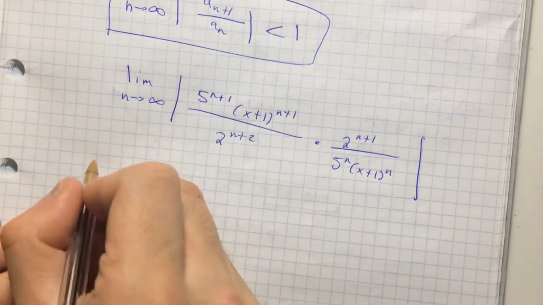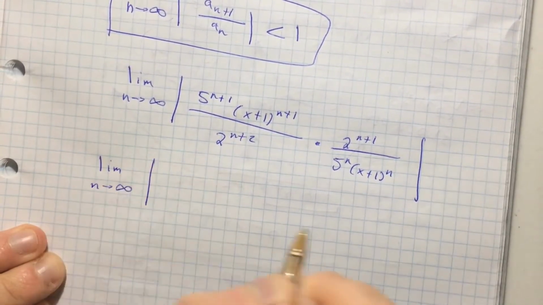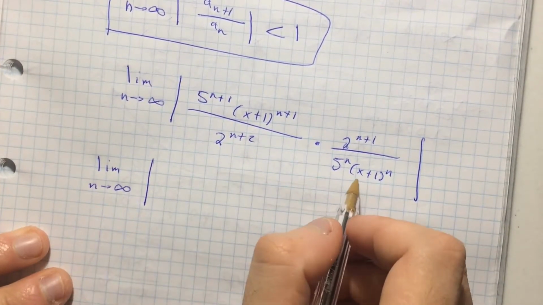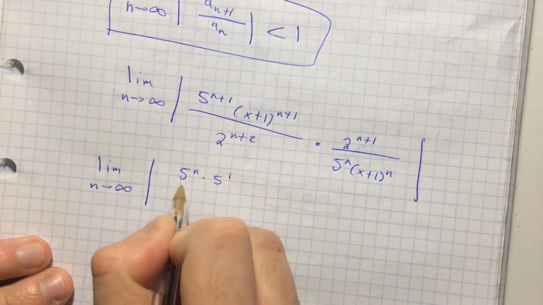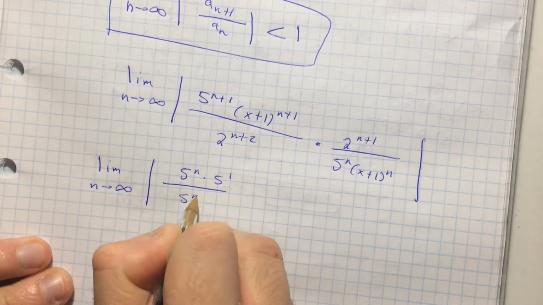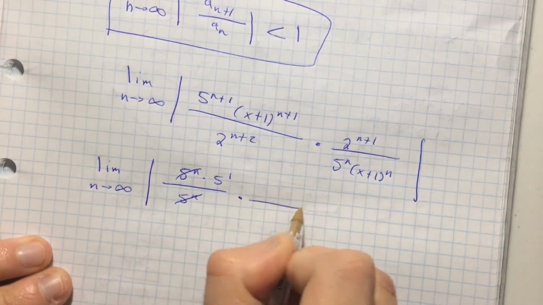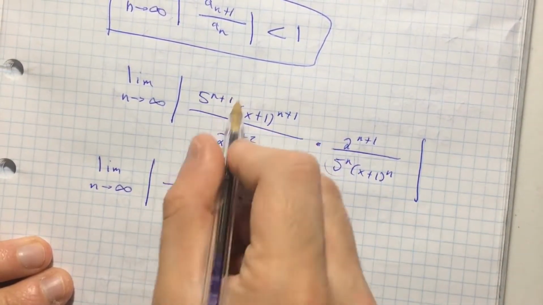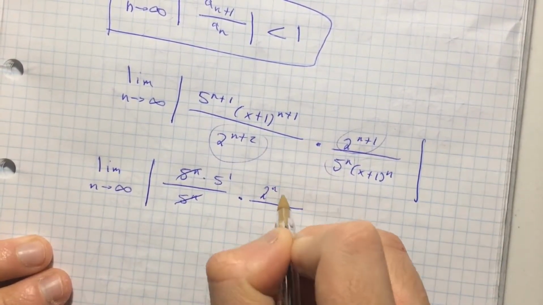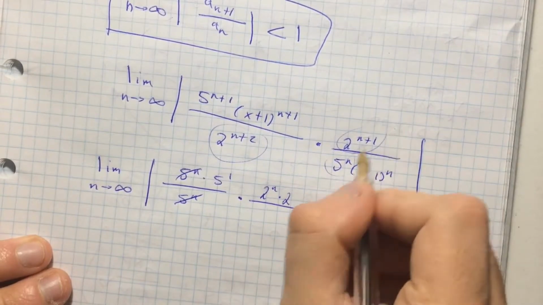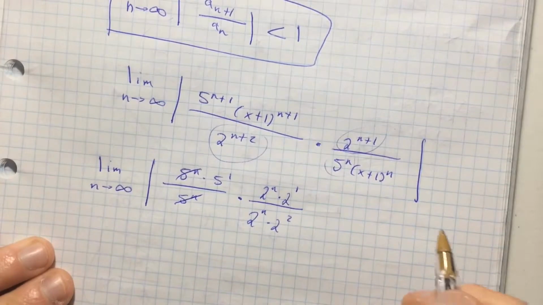Alright, let's do it. Now it's the limit as n approaches infinity of the absolute value. I've got 5 to the n times 5 to the first power over 5 to the n, which means the 5 to the n's cancel. So I grouped the 5's and the 5's. Now I'm going to group the 2's and the 2's. I've got 2 to the n times 2 to the first power, and then 2 to the n times 2 squared.